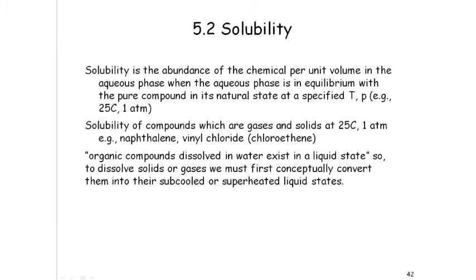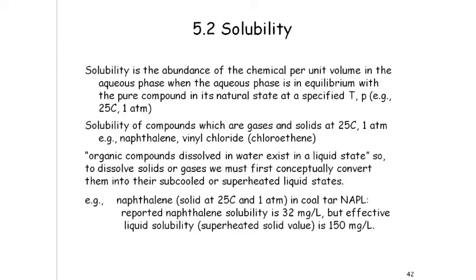In short, what that means is that for something like naphthalene, which is a solid at room temperature and cooler, it's really an effective liquid solubility we need. So if you look up the solubility of naphthalene, it's commonly reported at about 30 milligrams per liter. When in fact, if it's found in a NAPL, in a liquid NAPL, its effective solubility is really 150 milligrams per liter.